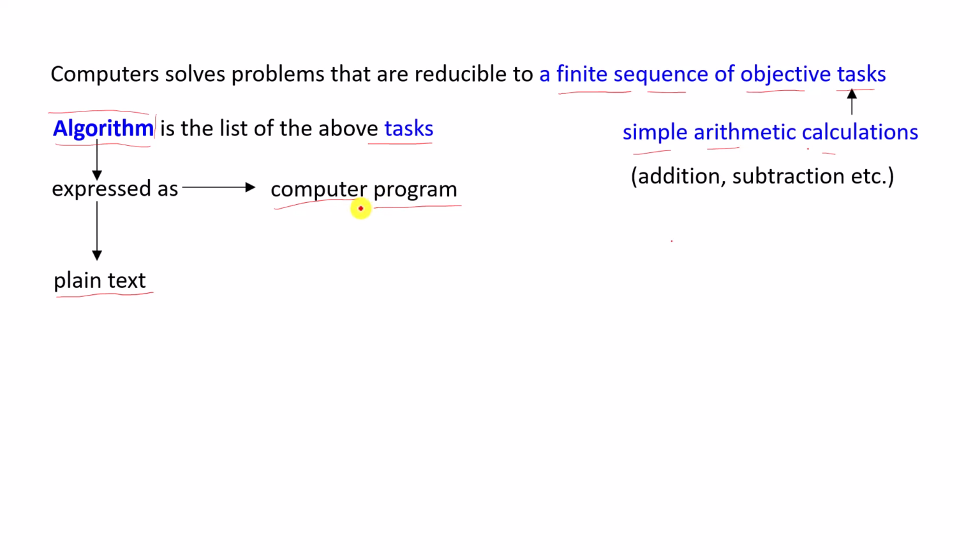So we find a middle way, and that is what we call pseudocode. When we write pseudocode, it is plain text, but as you will see shortly, it is not exactly plain text. It has a structure like a computer program, but it will not follow any specific language.